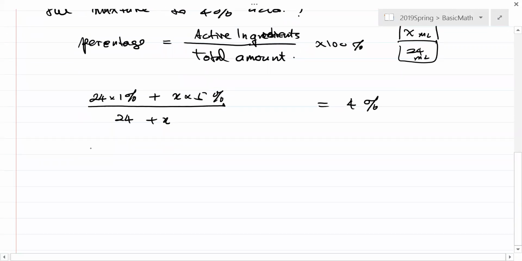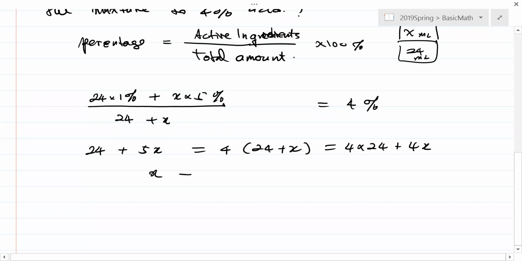Don't multiply them out. It's 24 times 1%, so just 24, plus 5x, and we get rid of the percentage. Then 4 times 24 plus 4x. Then you have 5x on the left, 4x on the right. So x is going to be 24 on the left, 4 times 24 on the right is 3 times 24.